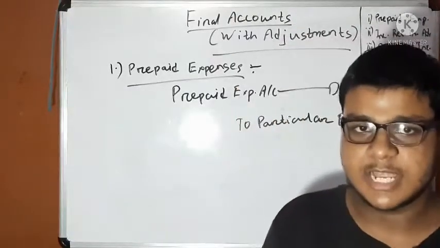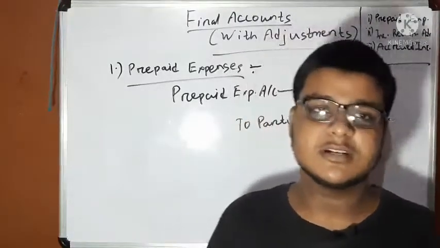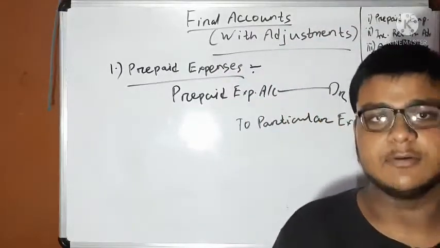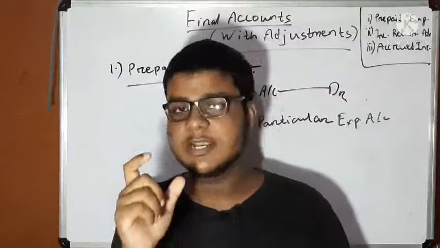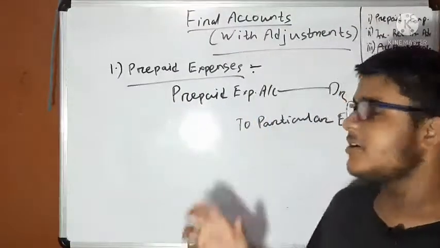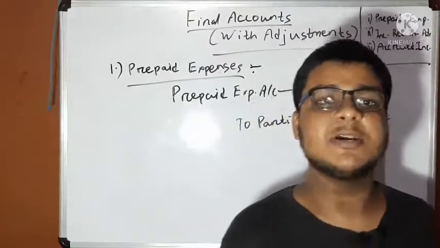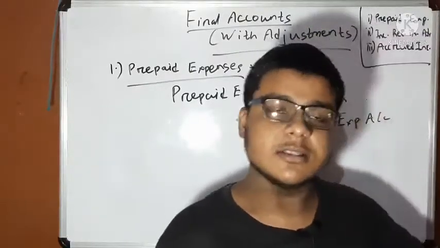If the expense is direct in nature, it is deducted in the trading account, where direct expenses are recorded, and this prepaid expenses is to be deducted from the particular expense written in the trading account.